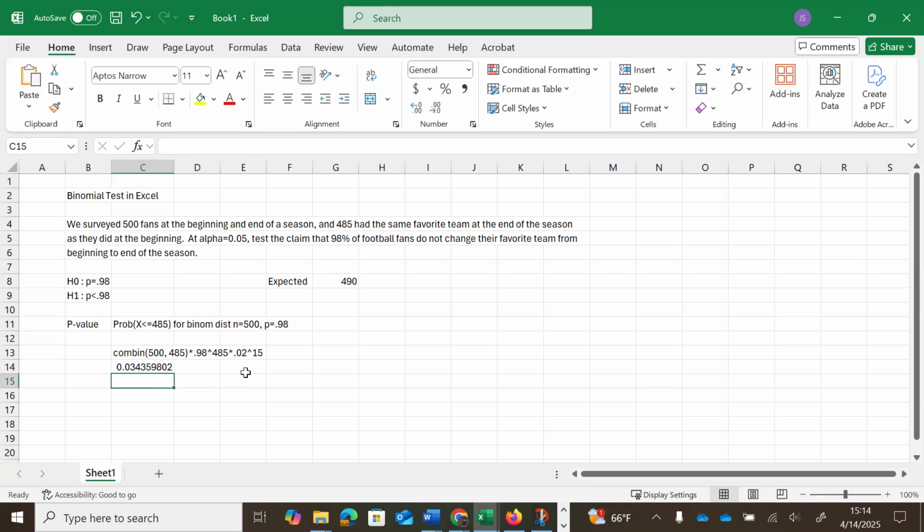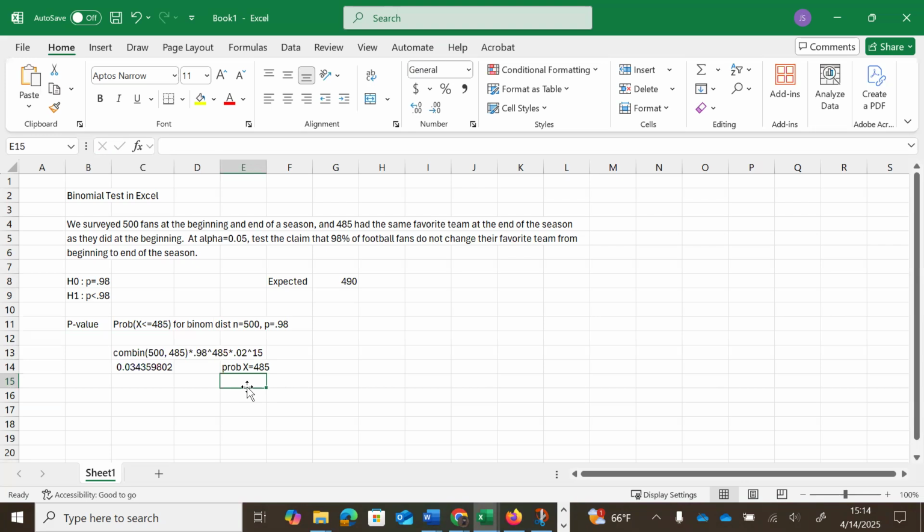What is that equal to? This would be the probability that x is exactly equal to 485. So the old-fashioned way, if you want to do this binomial test, you have to compute that probability for every number from 485 down, and then add those together, and that's your p-value.